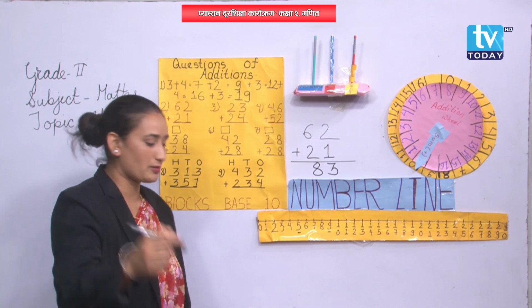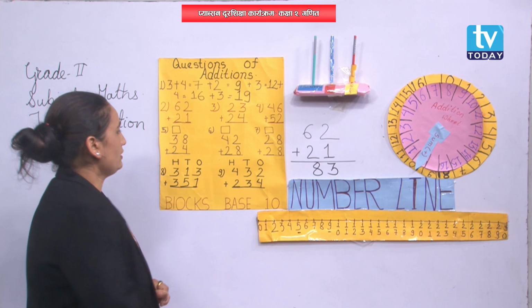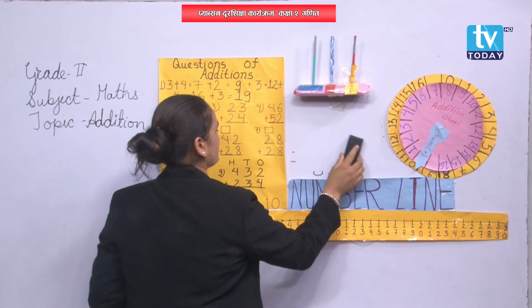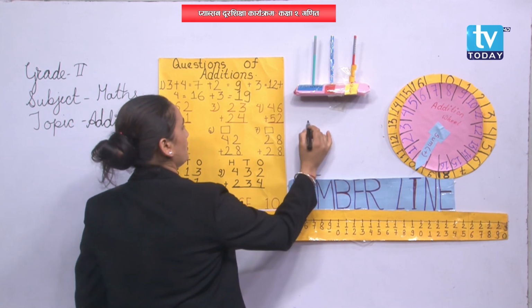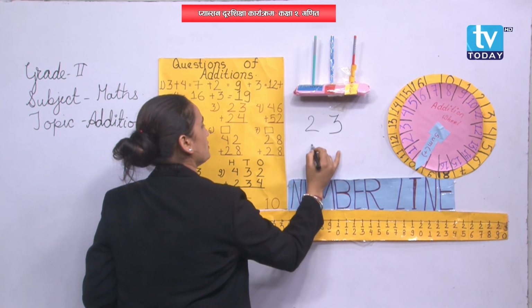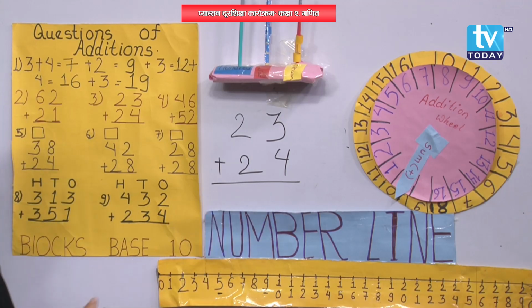Another method from the number line I am going to do. Now next question is 23 plus 24. Once again, let's do it. 23 plus 24. How to do?